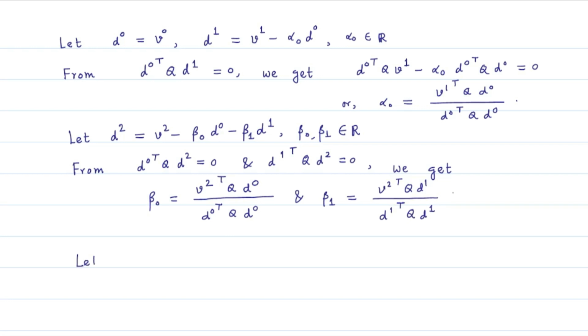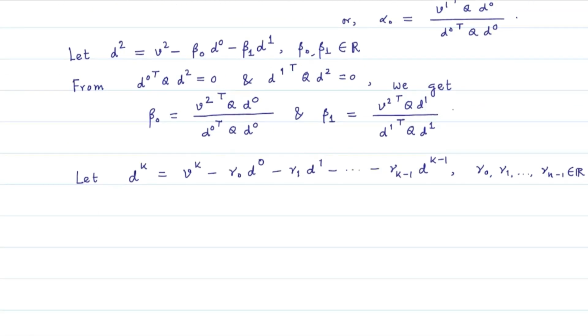And in general, letting the kth vector dk be equal to the vector vk minus a linear combination of the previous vectors d0, d1 till d(k-1), that is an expression of the type vk minus gamma0 times d0 minus gamma1 times d1 minus so on till gamma(k-1) d(k-1), where all these gamma0, gamma1 till gamma(k-1) are scalars.